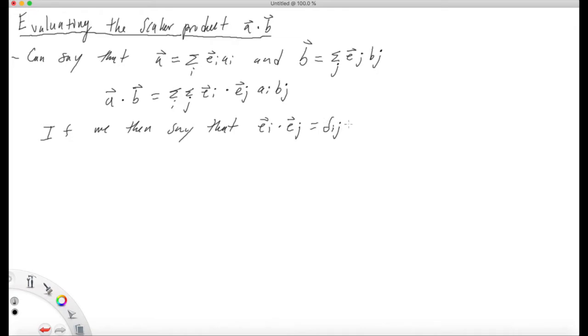So in A dot B, if i is equal to j, then the part that is e_i dot e_j is just 1, and it equals A_i B_j. If they're all equal, it would be like writing A_i B_i. Otherwise, the whole thing is 0.